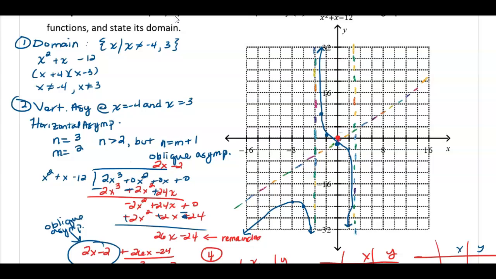All right, we have 4, 16, 8, 17.6, so just a little bit higher. And then 10 is 21.27.